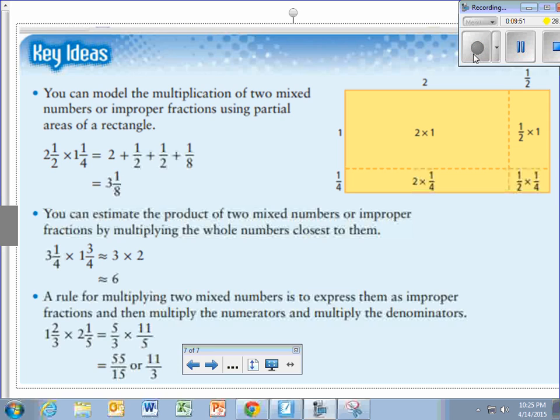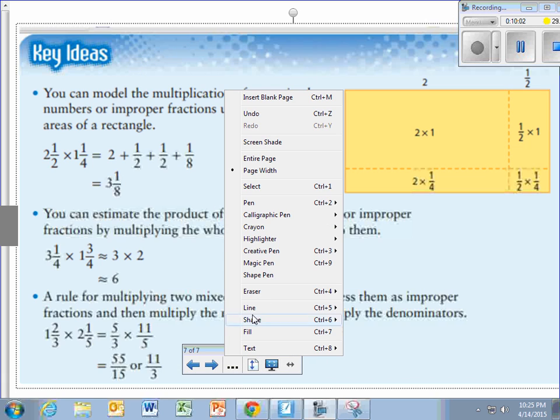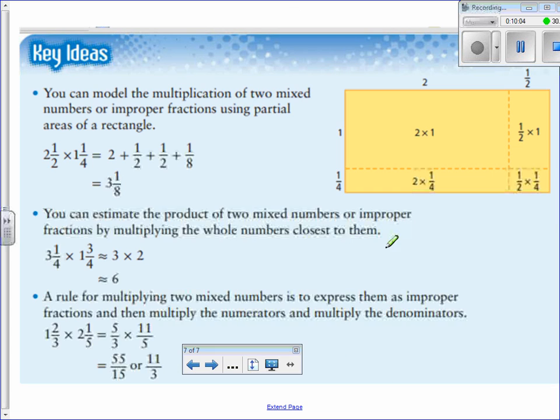I want you to turn to page 220, and you're going to see these key ideas, and these are crucial to this section. I want you to copy down the first bullet key idea and the second one. We're not going to worry about the estimation right now. So we should have learned by now that you can model multiplication of two mixed numbers or improper fractions using partial areas of the rectangle.